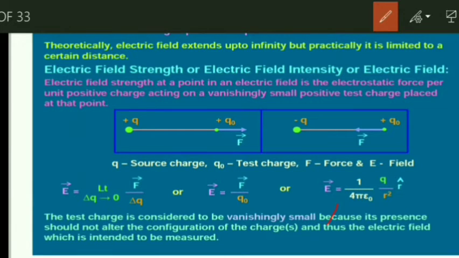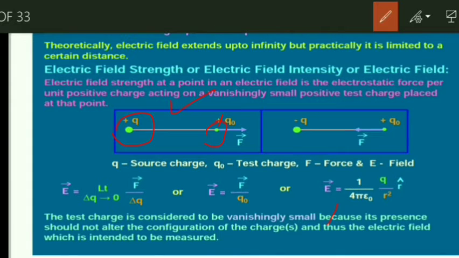As we can see in the figure, there is a positive charge plus q, and here we have placed a positive test charge. So friends, how can we determine whether the charge creating the field around it is a positive charge or a negative charge? This can be understood by this figure.